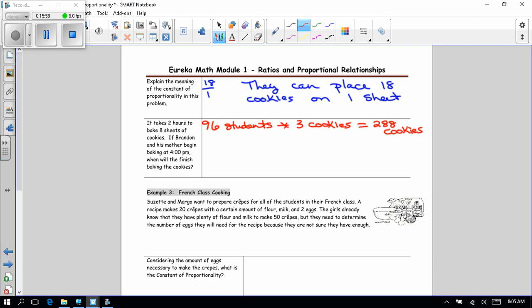Okay, so they need to make 288 cookies, right? If you look across the page, I think we had figured it out, that 288 cookies divided by the 18 on a sheet, right? I need 16 sheets of cookies, right? That's on that table across the page there.